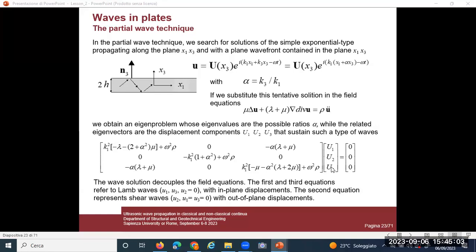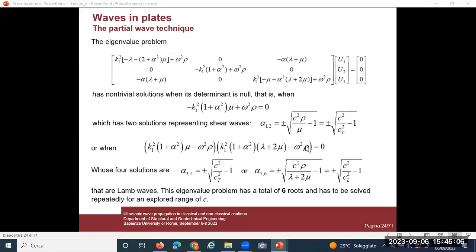So, if we solve this eigenvalue problem, which can be done analytically, we come up with 6 roots. 2 roots are tied to the shear wave problem. And another 2 roots, because you see that here you've got a square, okay, take the roots. The other 2 roots are tied to the other waves that are called Lamb waves, Rayleigh-Lamb waves.